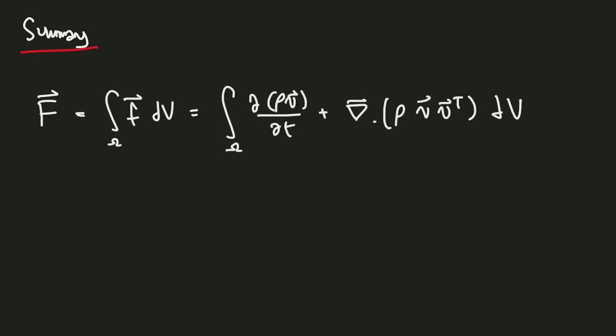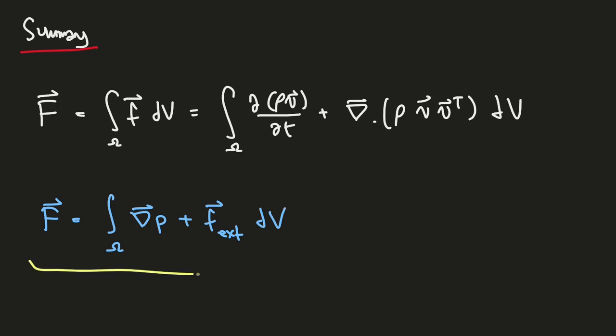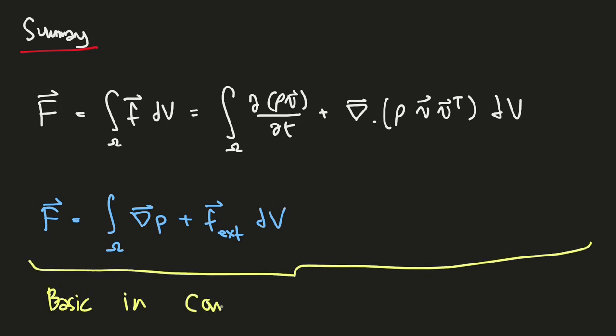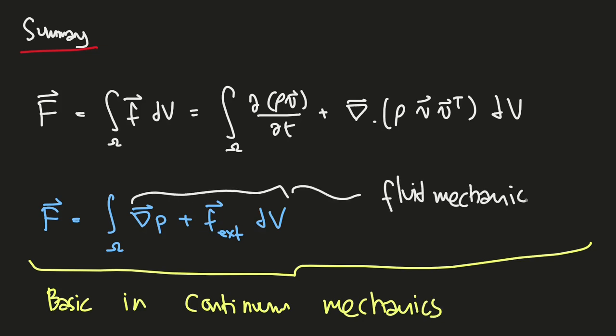So in summary, we have the equation of force by kinematics as this, and for the dynamics relation here in blue, we get this integral whose integrand has P as hydrostatic pressure, which will be basic in continuum mechanics, especially nabla P plus this external F factor related to fluid mechanics in physics.